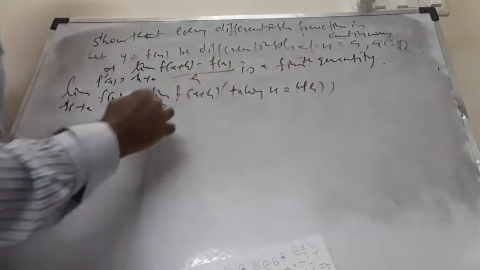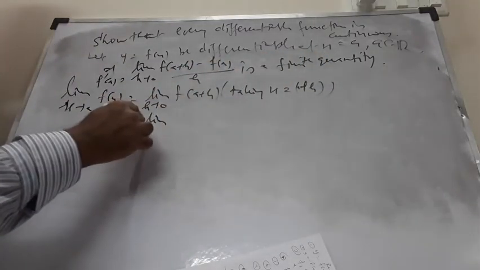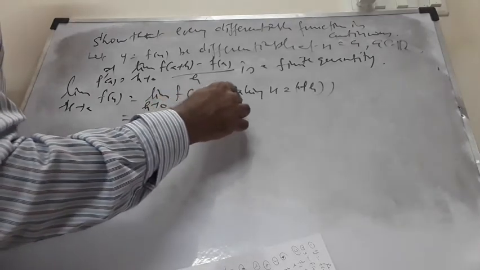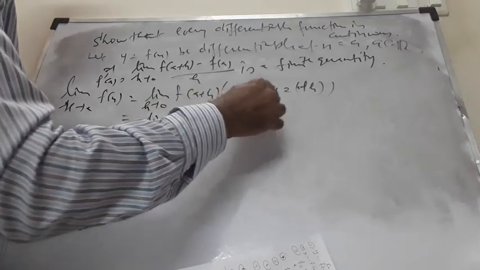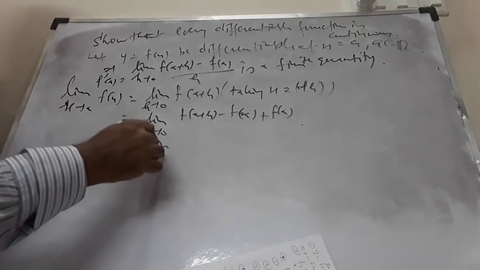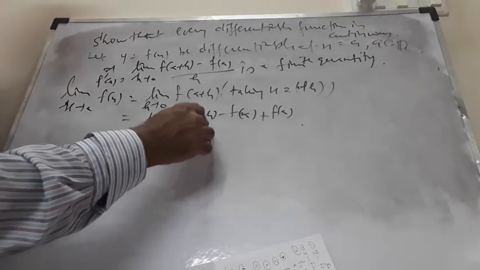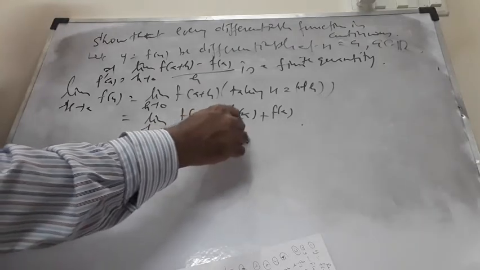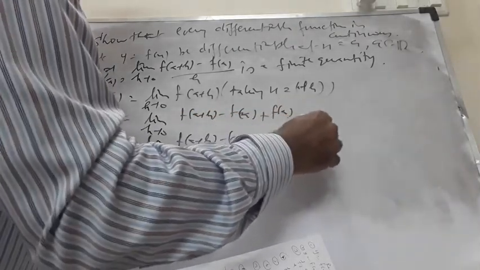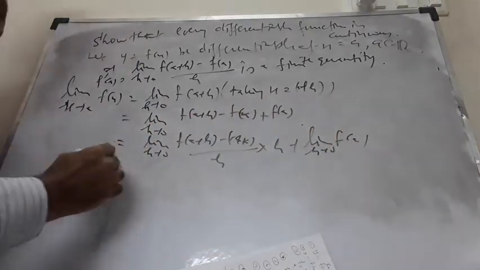Now what I will do here is add f of a and subtract f of a. Now I'll apply the limit to this separately: the limit of (f of a plus h minus f of a) by h into h, plus the limit as h tends to 0 of f of a.